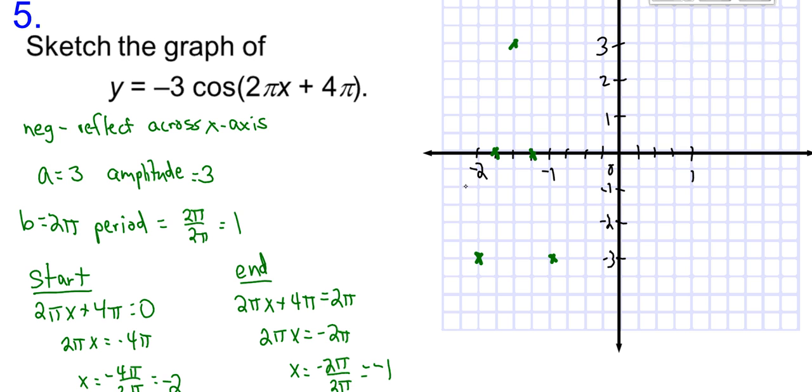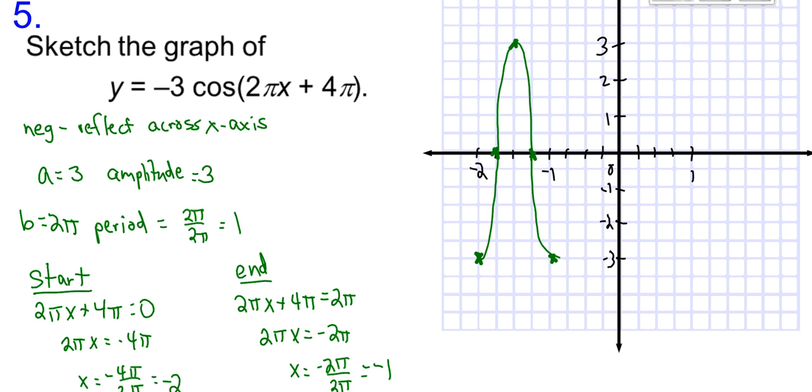Maybe this thicker marker was a bad idea, so I'm going to go back to thinner. So there's one period, and my amplitude is good. I've got it shifting, and my period is 1, and so it's all good.